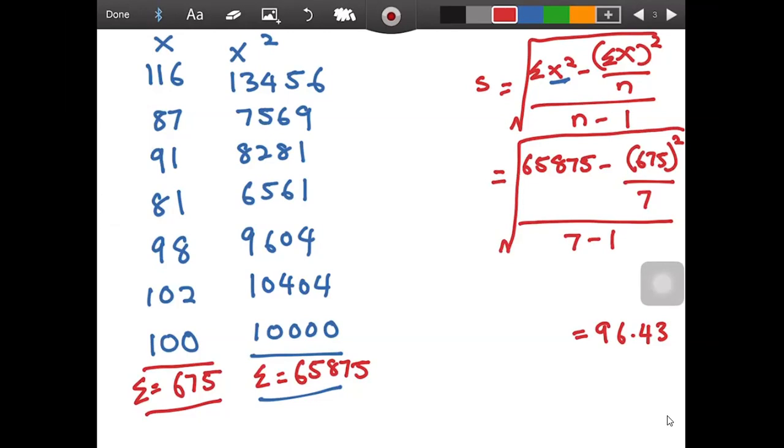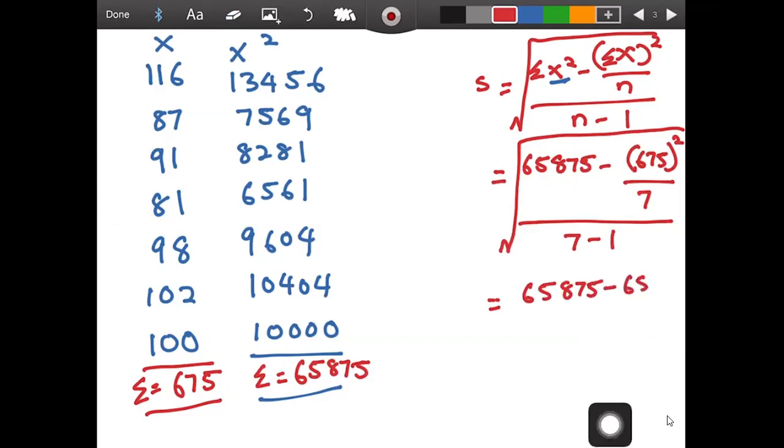Divide by 7. Okay, divide by 7 is 65089. Okay, so 65875 minus 65089.